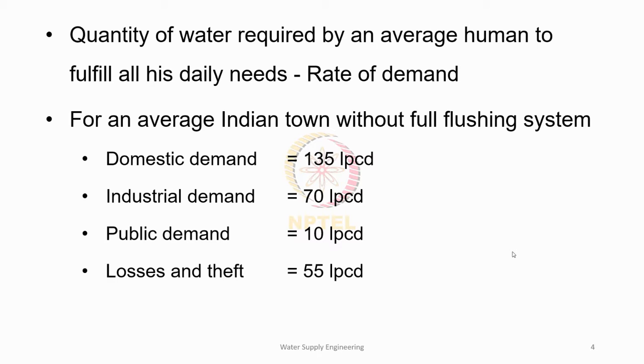You might have understood what industrial demand is: the water requirement in an industry for the production of something. Public demand is the requirement of water to meet public requirements, for example public buildings like a hospital.